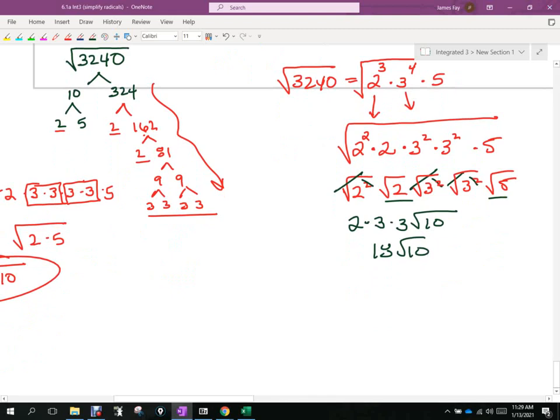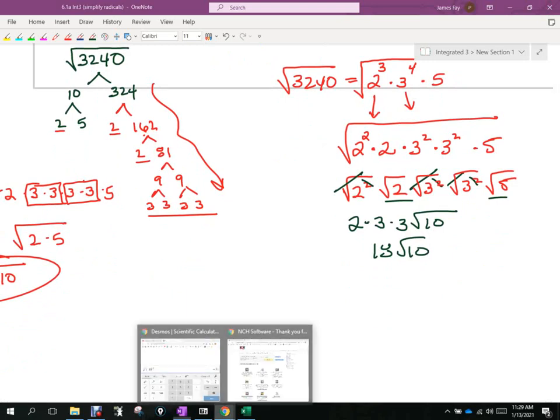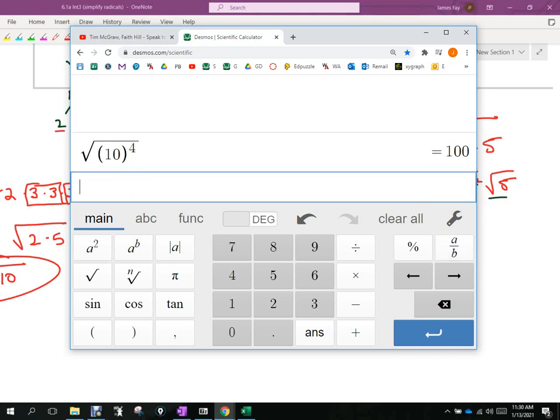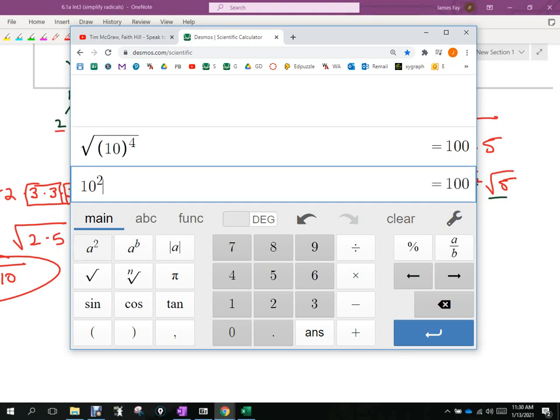Let's do it this way. Let's change this 10 to the second. Let's raise it to the 4th power. That gives me 100. What's another way I can write 100 with exponents? 100 squared, right?